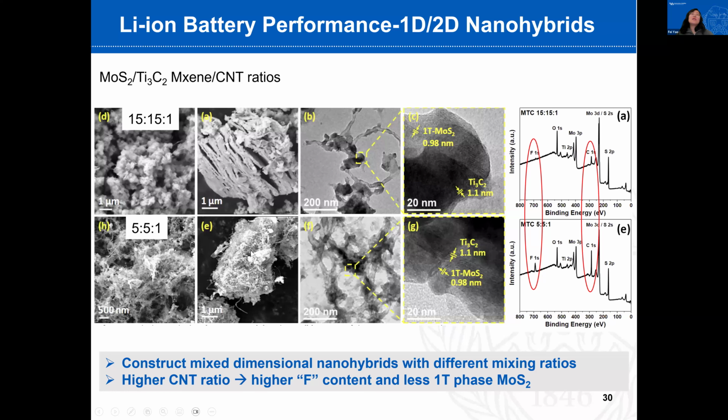And simultaneously, our detailed XPS analysis also suggested the 1T phase in the higher CNT ratio sample is relatively lower compared to the one on the top, okay?